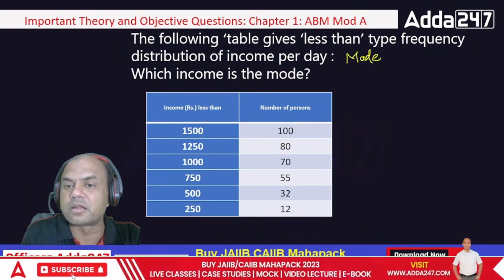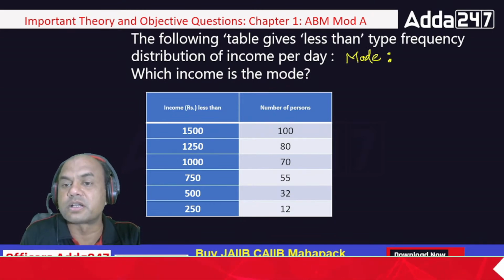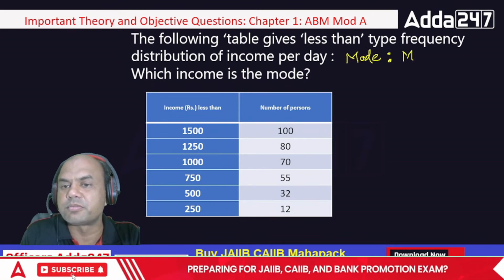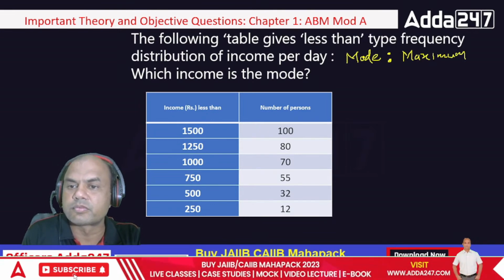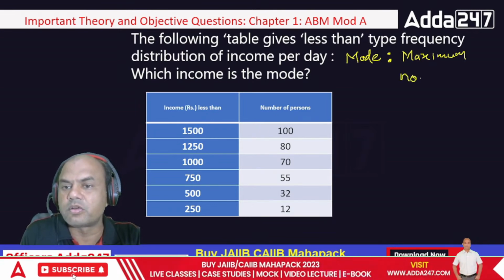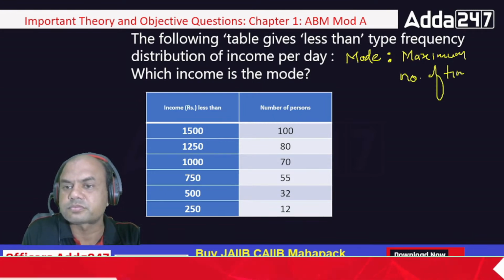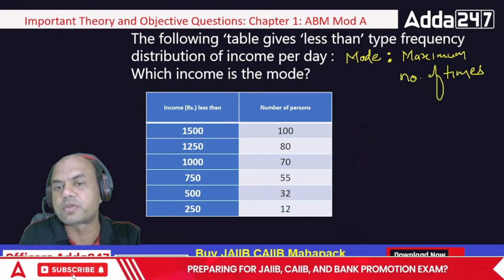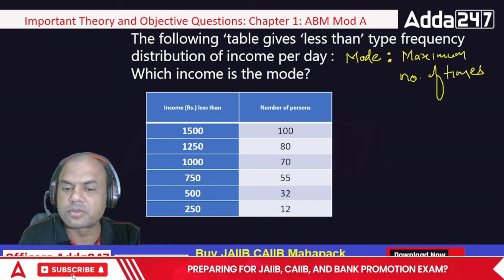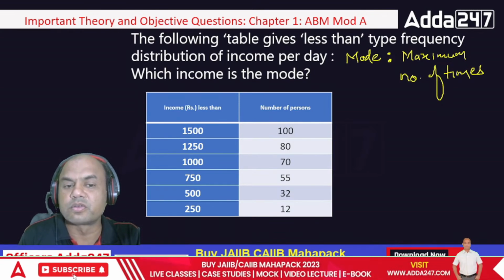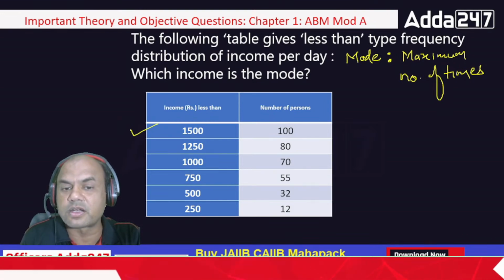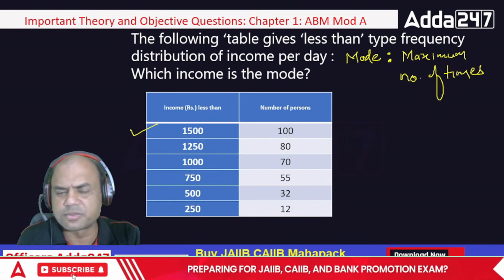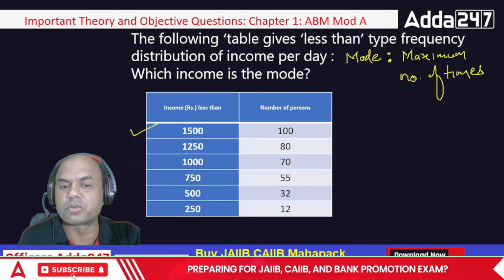Mode means that number which occurs the maximum number of times. So which is occurring the maximum number of times over here? 1500. So 1500 is the mode. Simple.